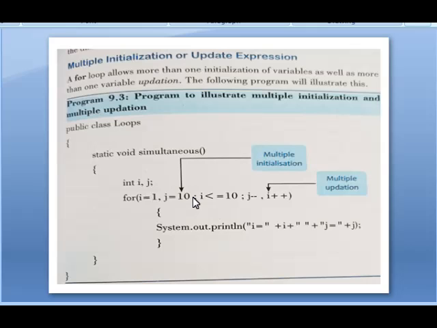This is called multiple initialization because the initial value of i is 1 and j is 10. Multiple updation is also here, i plus plus and j minus minus. Here we are printing both the values of i and j. This is called multiple initialization or update expressions.